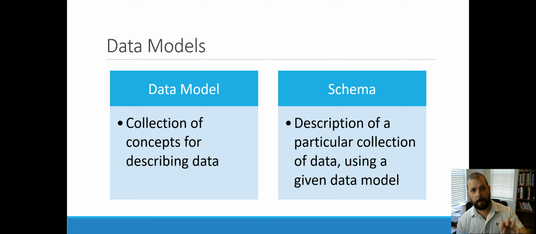The schema itself is going to be a description of that particular collection of data using the particular model that you have. And so these two go hand in hand. I'll show you the hierarchy on this in a second, but understanding that there are schemas and models within your database management system.